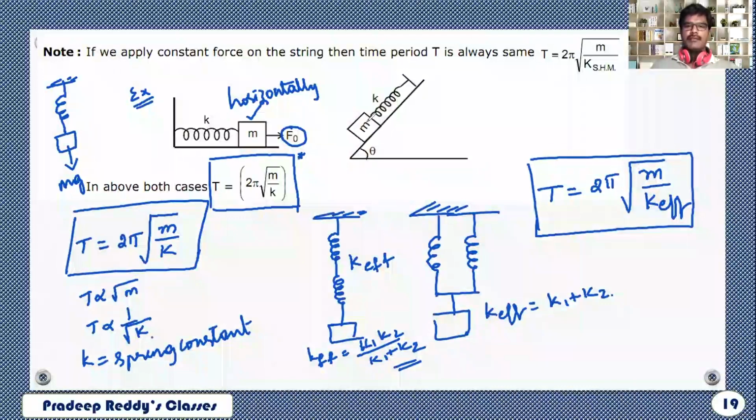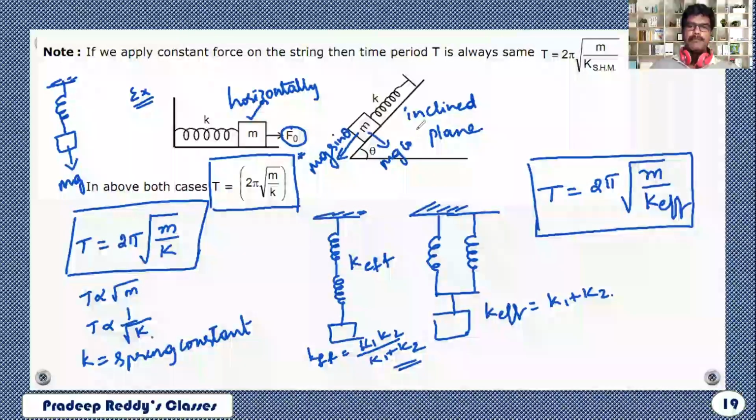Likewise, here we have a mass m attached to this spring, and this is an inclined plane. There is a downward force acting here. This is mg sine theta, and this is mg cos theta.